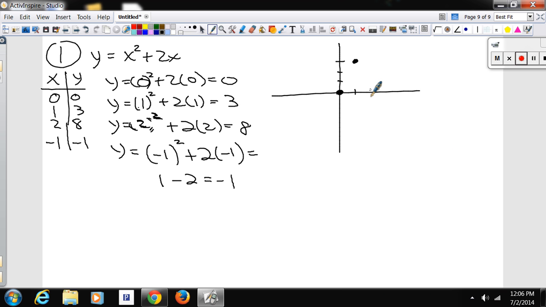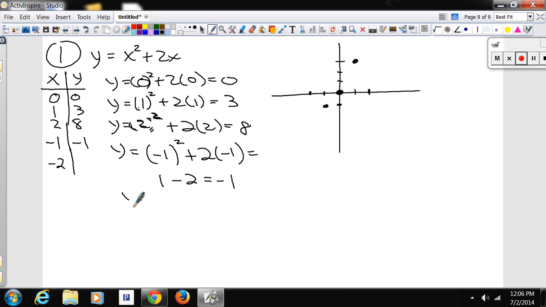You might not be able to do that one because the graph's not big enough. So let's go to the last one. Negative 1. Over negative 1 and down 1. That might be your vertex. If that's your vertex, when we plug in a negative 2, we should get a 0. Let's see what happens if we plug in a negative 2.